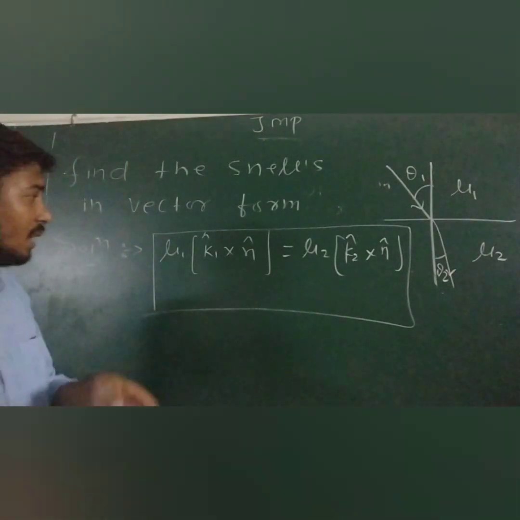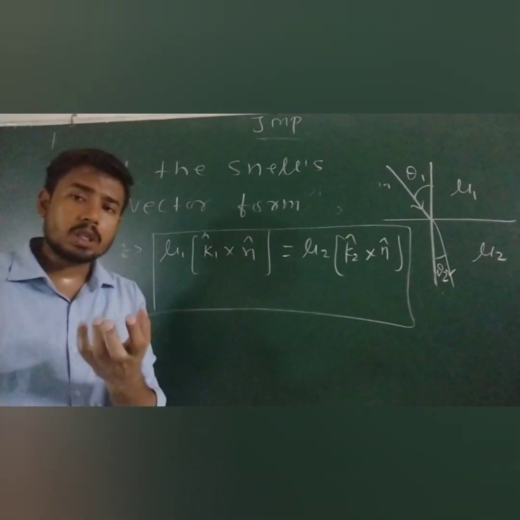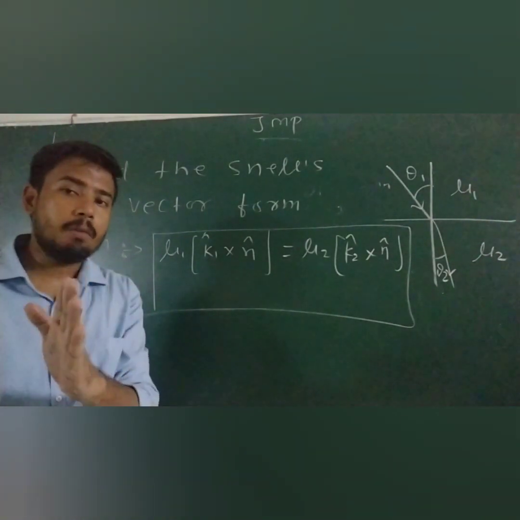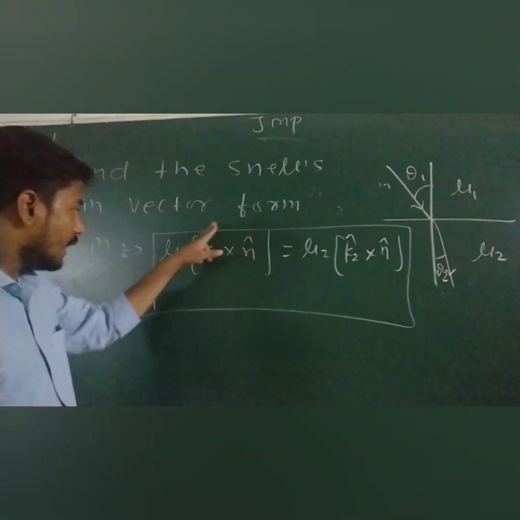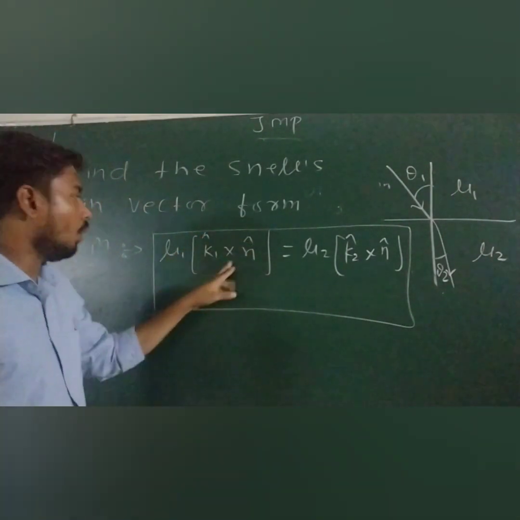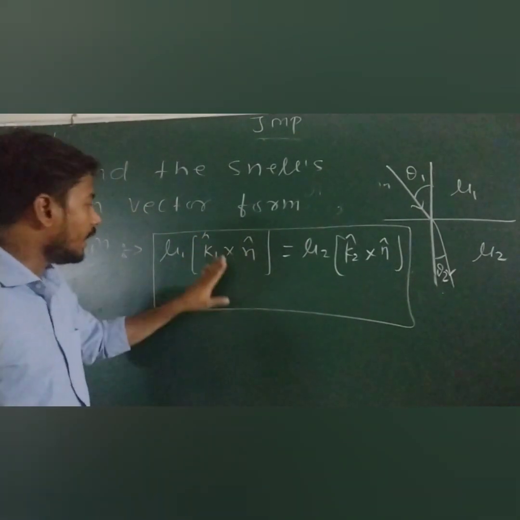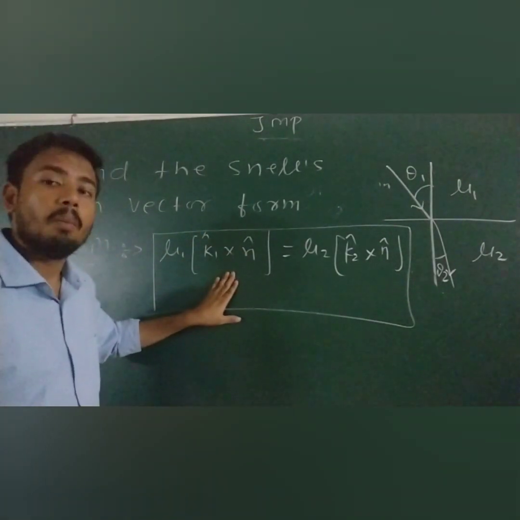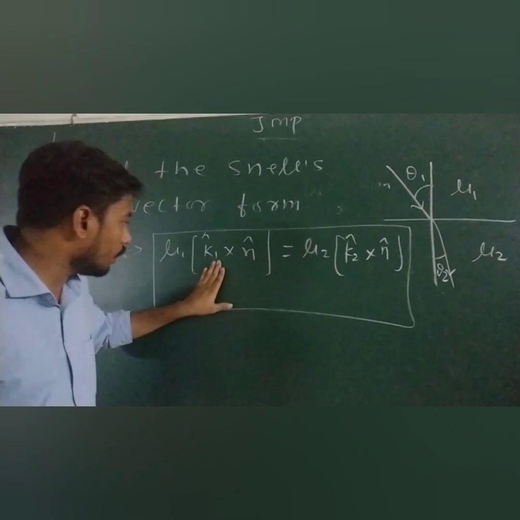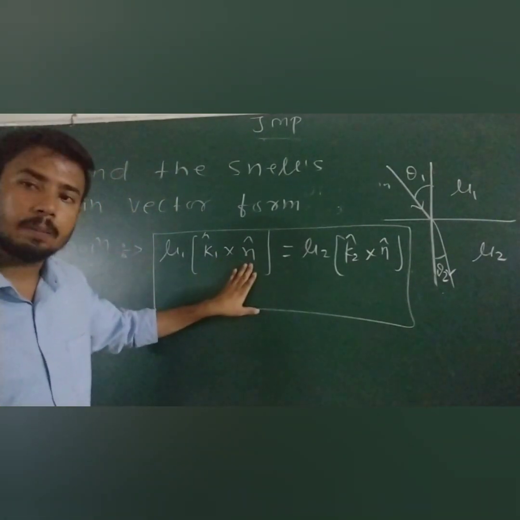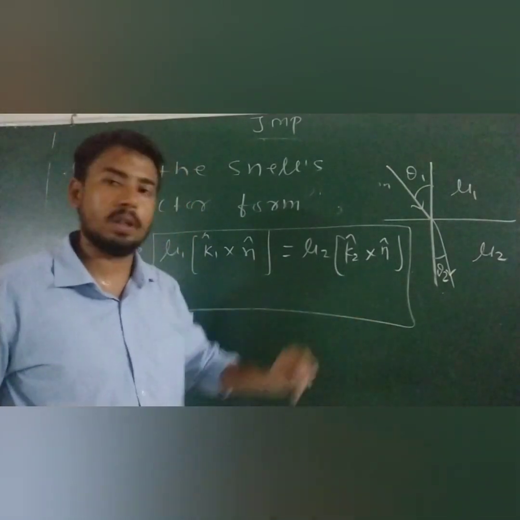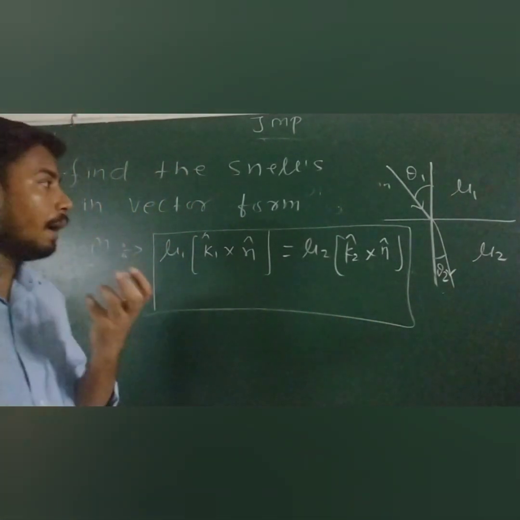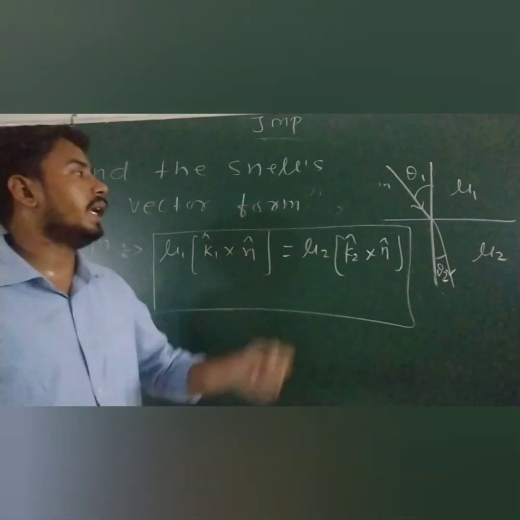You know A cross B is equal to AB sin theta, don't worry. And we know that the resultant of this cross product must be perpendicular to K1 as well as N. So you have to apply theta 1 and theta 2 here.